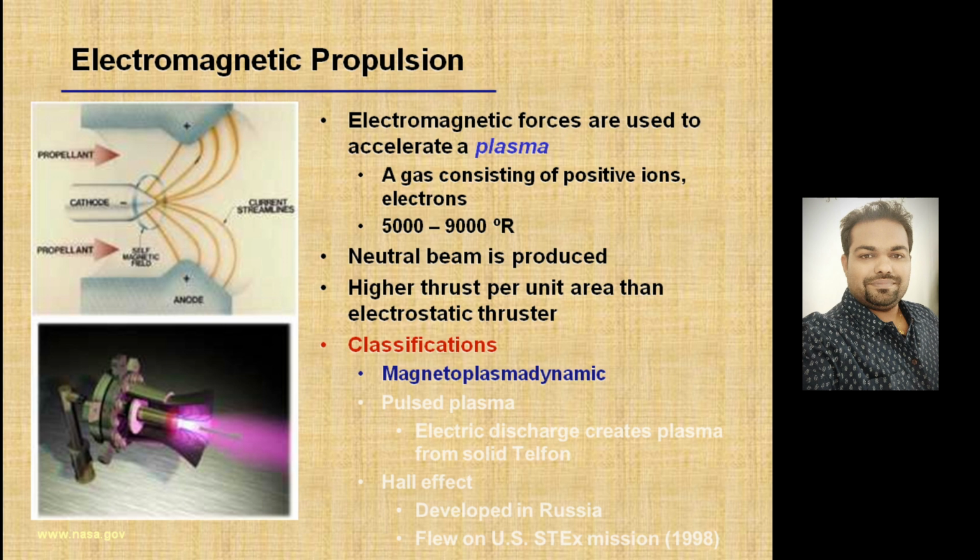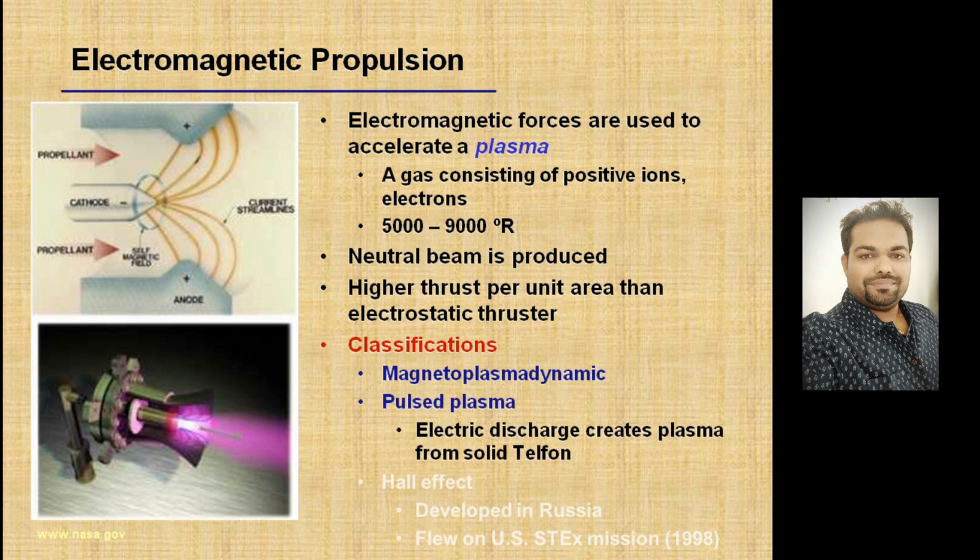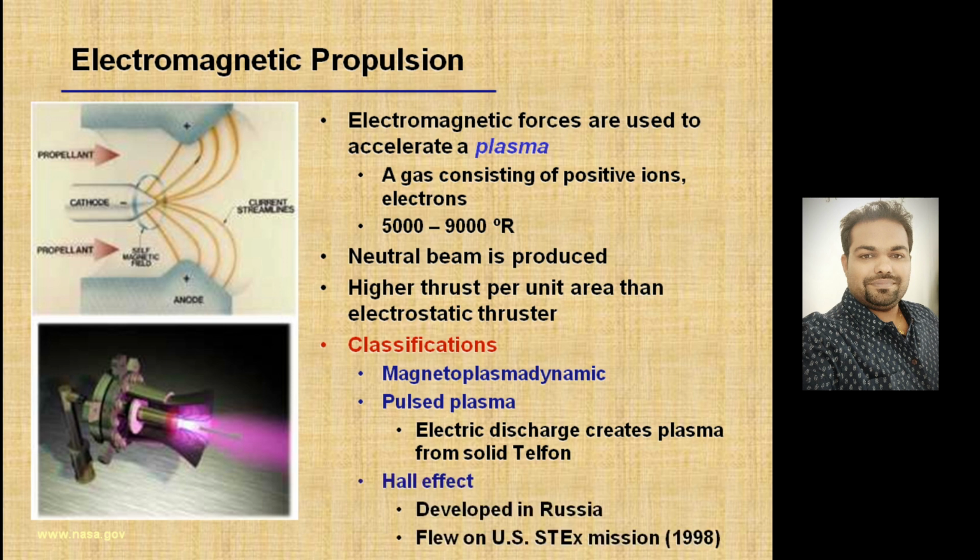If we look at the classification, there are two types: magnetoplasmadynamic and pulsed plasma. Pulsed plasma is nothing but an electric discharge that creates plasma from solid Teflon, and these work on the Hall effect. Hall effect, you may know, is the production of a voltage difference across an electrical conductor, transverse to an electric current in the conductor and to an applied magnetic field perpendicular to the current.